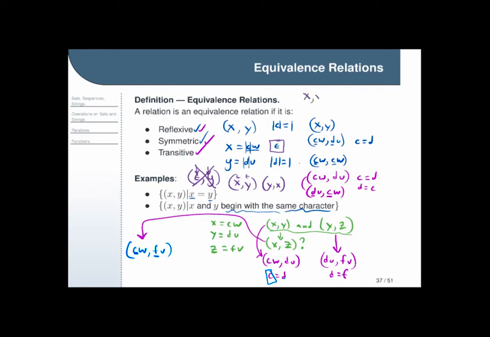So we can't form XY and YZ if any of these things are the empty string, then we don't have to worry about whether or not it's the case that X is related to Z in that case also, right? In both of those cases, the reason we're fine is that we're dealing with a definition that is essentially an implication, and we've proven that the antecedent can never be true, and so the implication therefore always holds. So that's okay in that case, right?